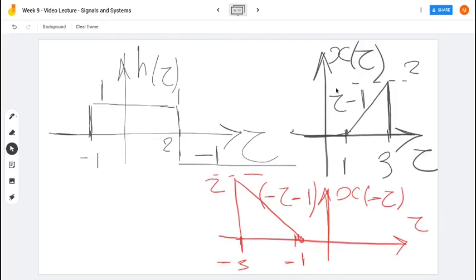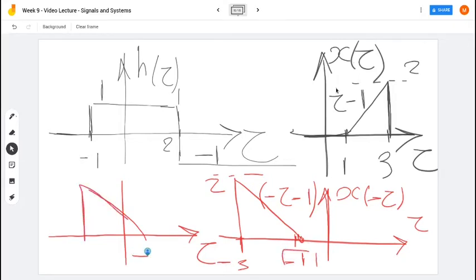And the next step would be actually to start shifting this signal. So now this minus 1 becomes t minus 1, and this minus 3 becomes t minus 3. And now for the confusing part, the equation for the straight line. If this is x of tau, it's tau minus 1.